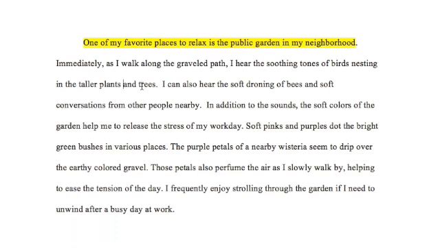And so as we go into the first supporting statements with specific details, we notice that there is actually a keyword here. The person who wrote this says hear. I hear the soothing tones of birds nesting in the taller plants and trees. I also hear the soft droning of bees. So we have the sensory detail of sound in this first section.